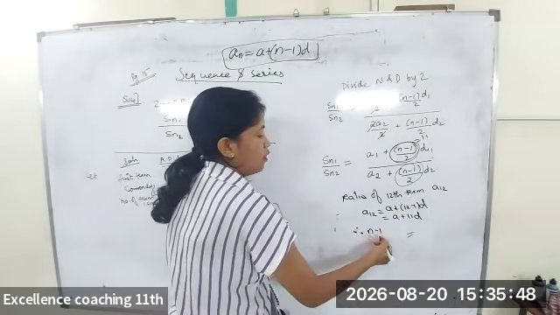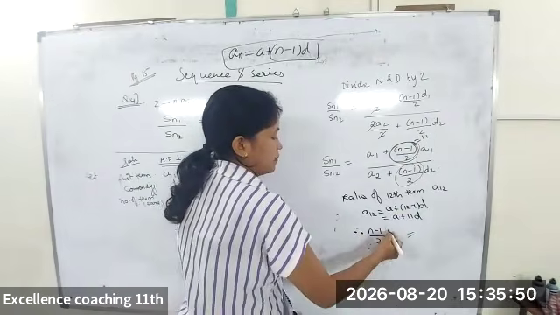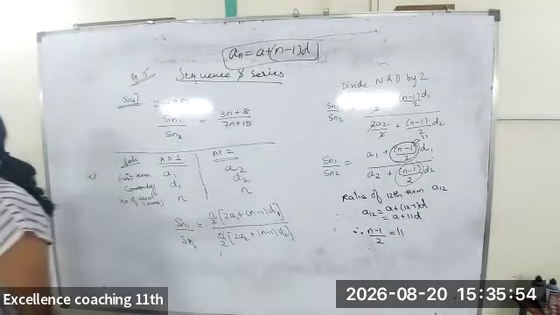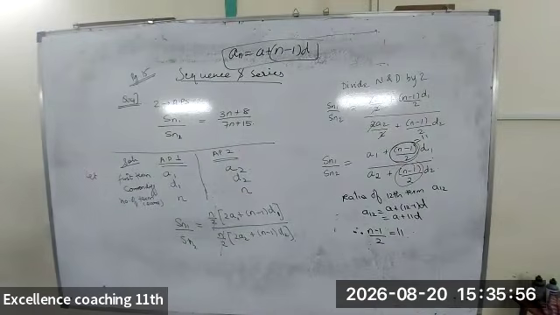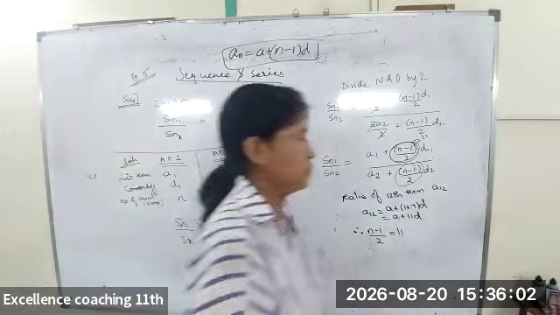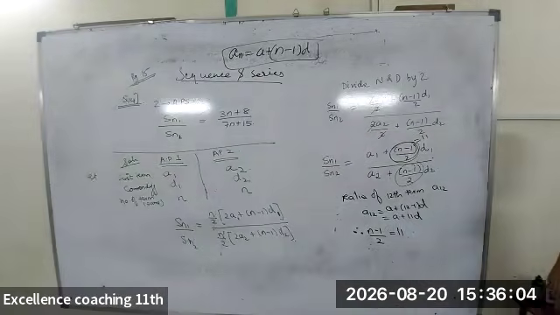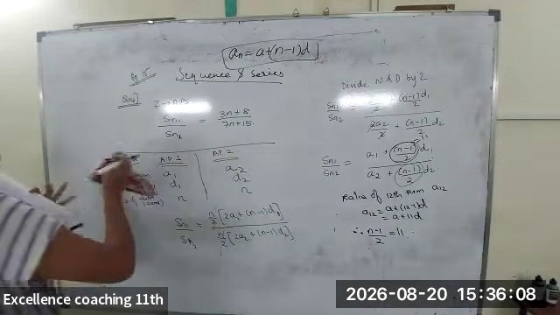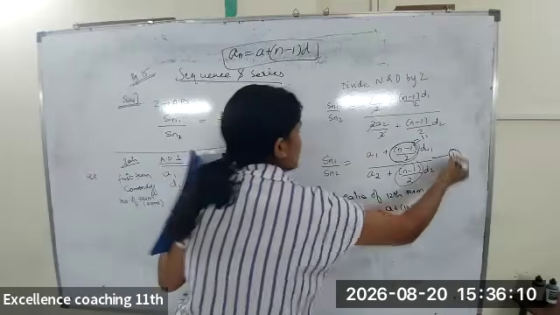Now calculate the value of n. So cross multiply and see how much n value I get. So mark this as equation 1.